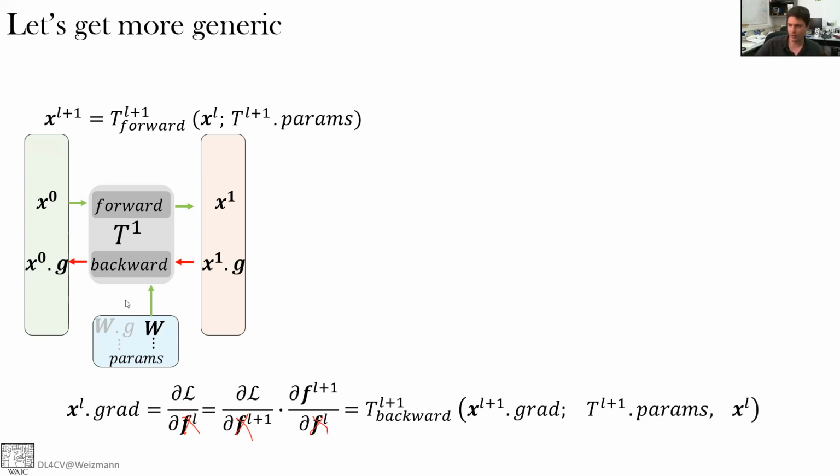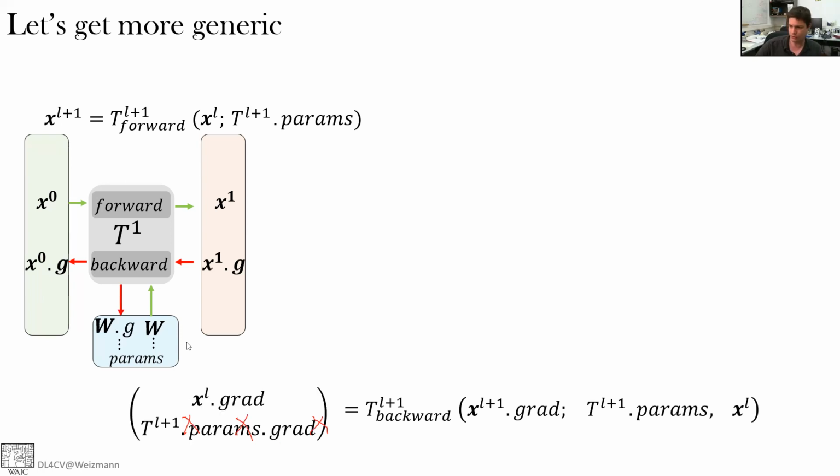So we can define the backward function in this way, so that the backward function not only returns the value of the gradient of the layer that was before, it also returns the gradients of all the parameters. Okay, so this is how we're going to define it.